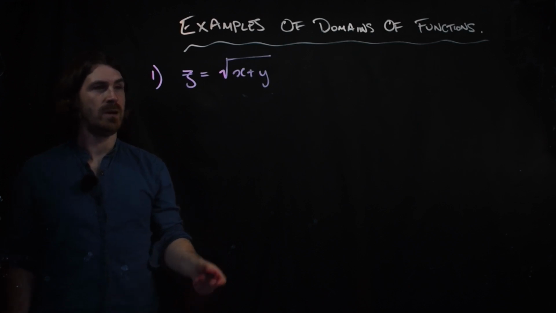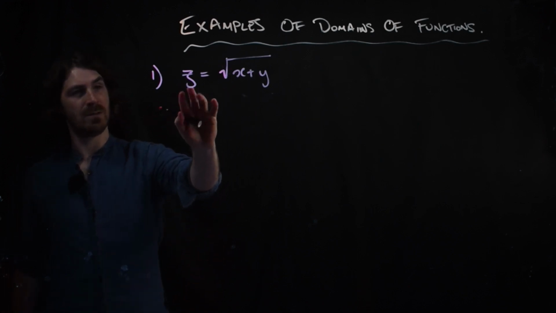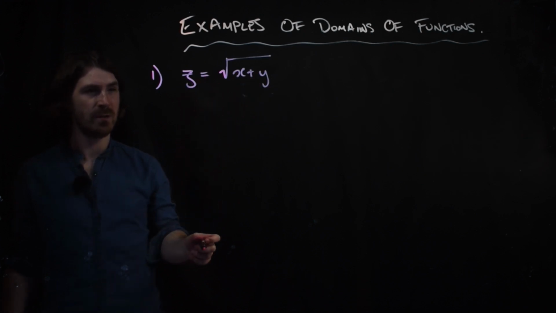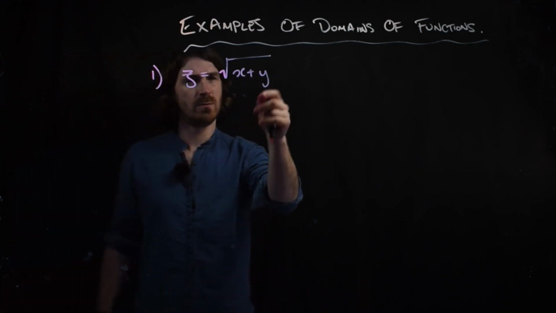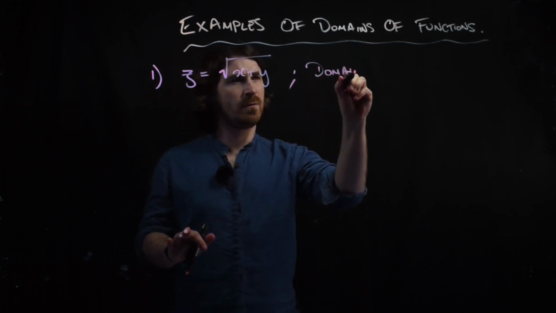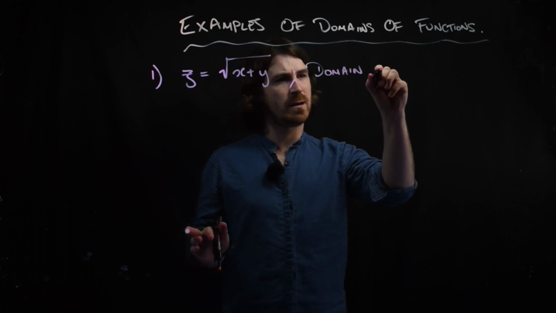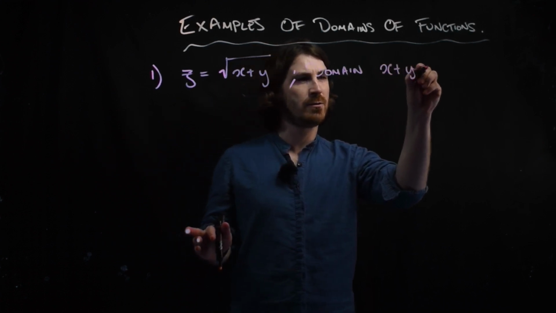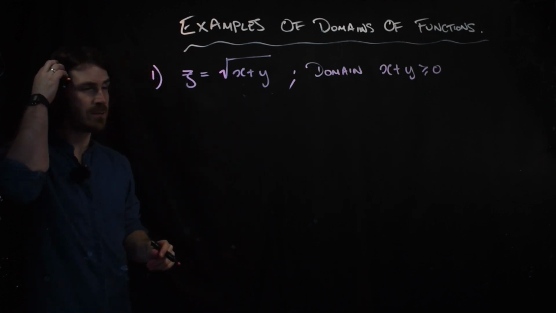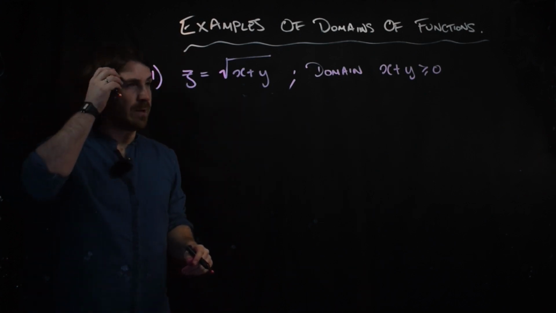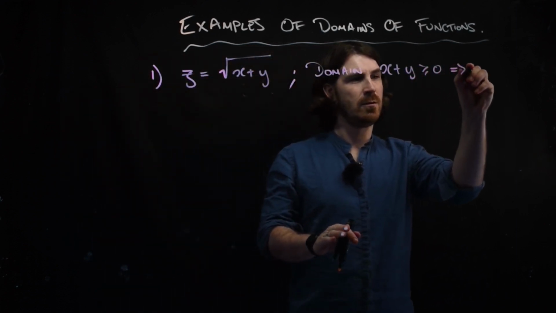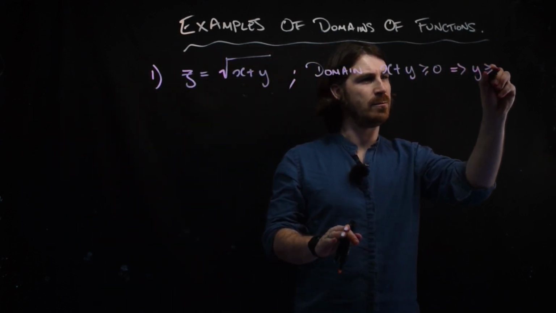Here we assume that x and y are real numbers, and z is also a real number. So the domain is the values of x and y that satisfy x plus y greater than or equal to 0, so this square root stays real. What does this mean? This means that y is greater than or equal to minus x.